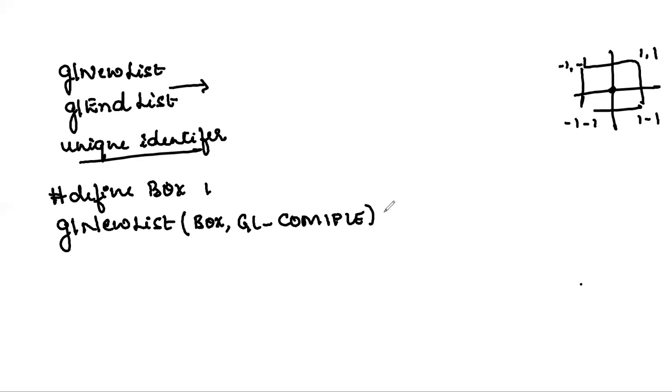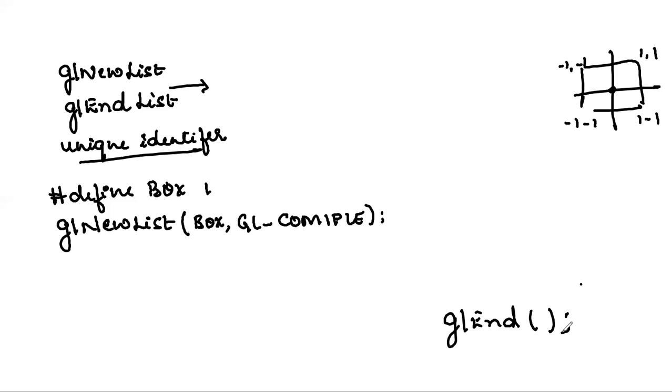For this, we also need to write glEndList at the end. Let us keep it as it is. Now inside this, I need to draw the box. First, let us write the instructions in between.